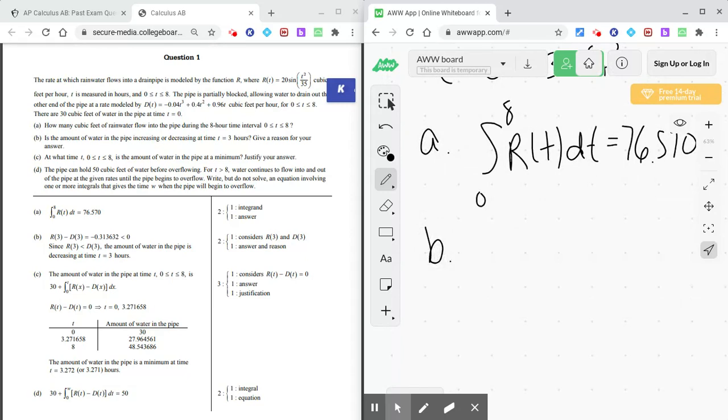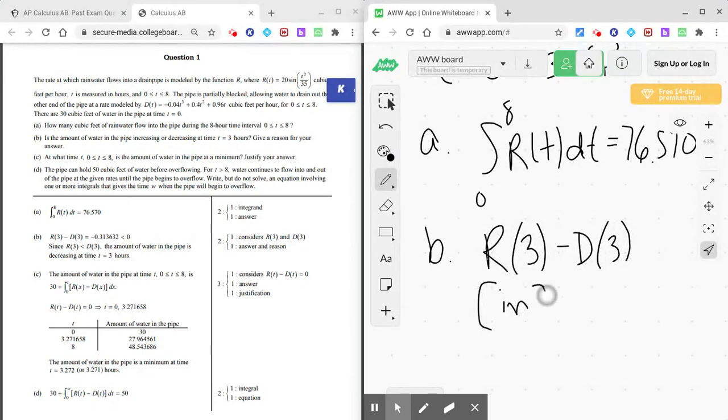B: is the amount of water in the pipe increasing or decreasing at time equals 3 hours? Give a reason for your answer. Man, this really seems familiar. Let's compare r of 3 minus d of 3, the rate in minus the rate out. What's happening here?